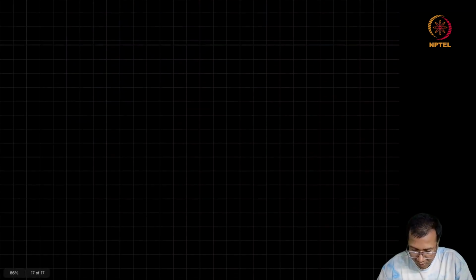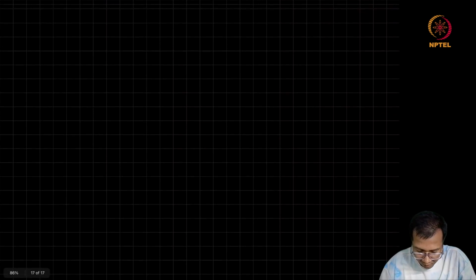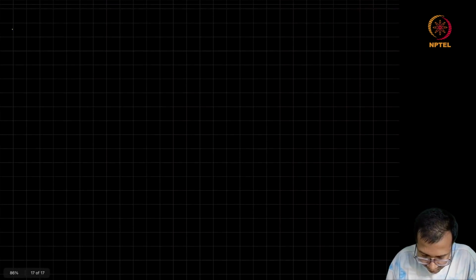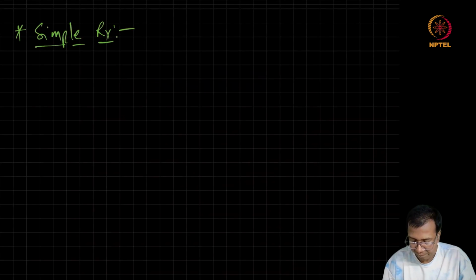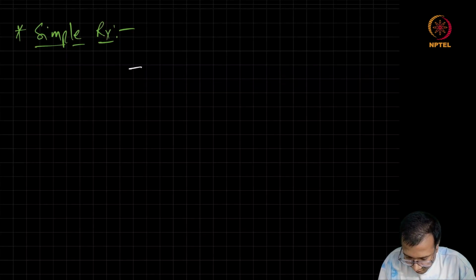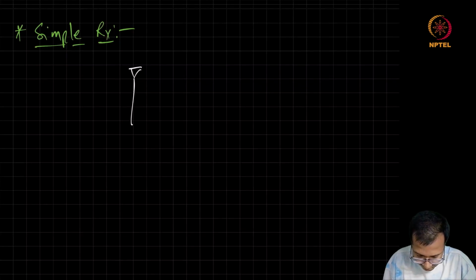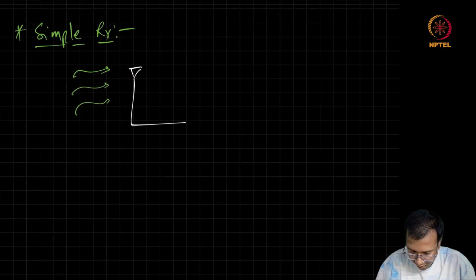So now let us look at the receiver in the same way. We try to realize a simple receiver. The simplest form a receiver can be: you receive the signal which is transmitted by the transmitter with the help of an antenna.